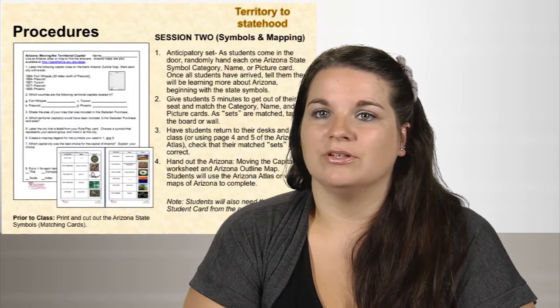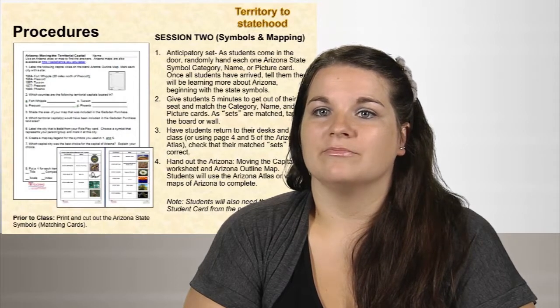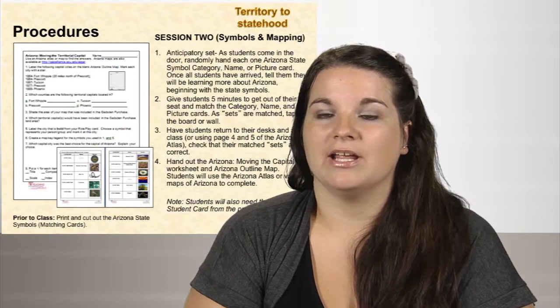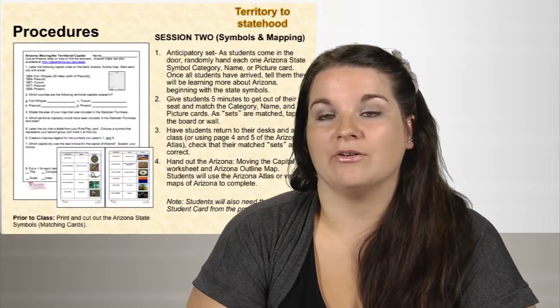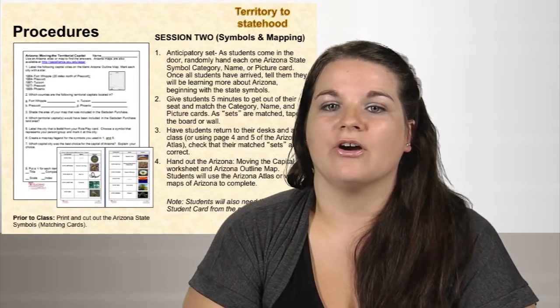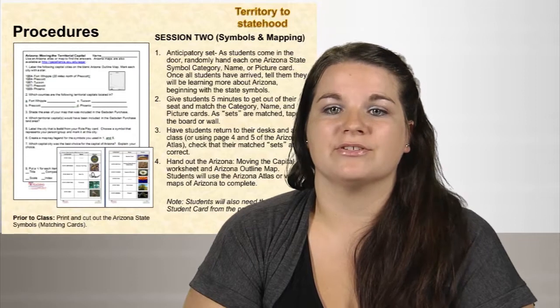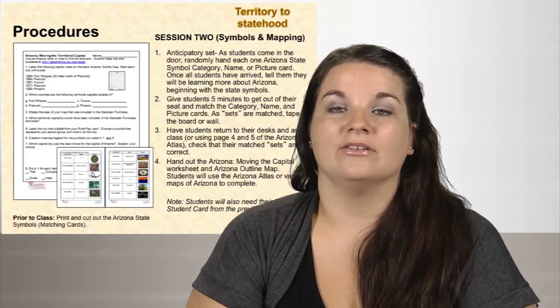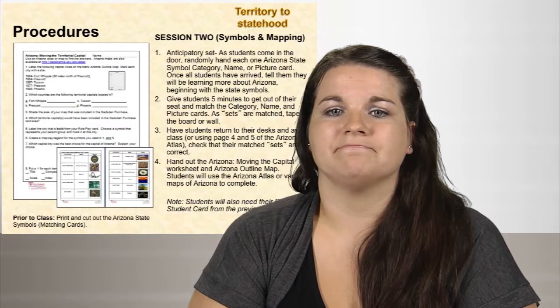So for example, you may have state fish, and then Apache trout, and then a picture of an Apache trout or a picture of a fish. You want to make sure that the name, the category, and the picture are all matching. And again, if you do have the Arizona Atlas, you can have students all open to pages 4 and 5 and look to make sure those are all matching.